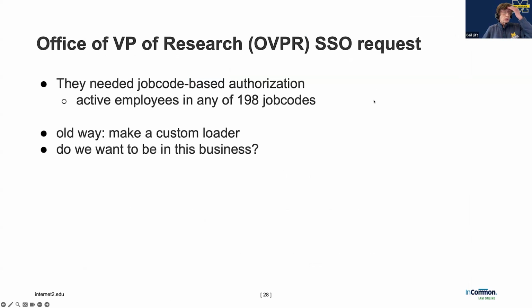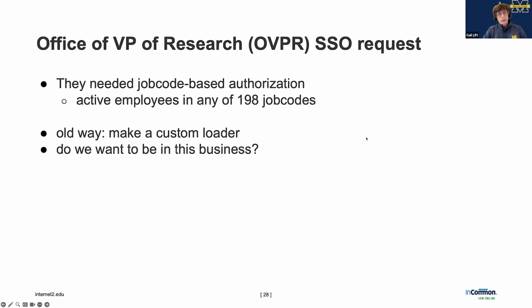So as an example of how Grouper V5 made our life better, the OVPR, Office of the Vice President for Research, came to us with an SSO request. And in addition to the usual stuff, they said, oh, by the way, we need authorization based on 198 job codes. Yay.